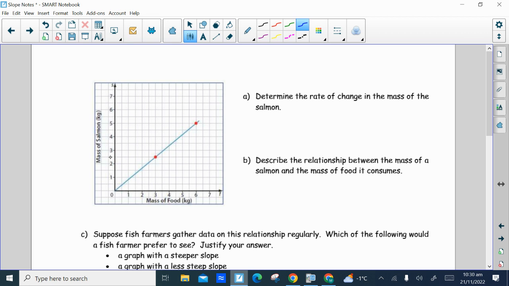The mass of the salmon goes from 0 up to 2.5 kilograms up to 5 kilograms. If we just use the 3 points here, starting at 0, 0, the next point, the mass of the salmon is 2.5, the next point, the mass of the salmon is 5. So the rate of change in the mass of the salmon is that it's increasing by 2.5 kilograms.